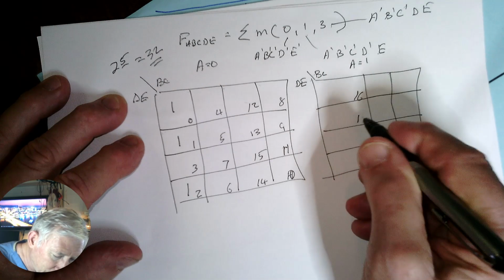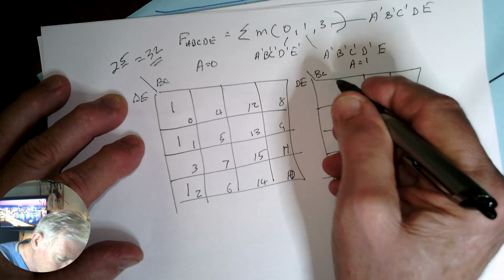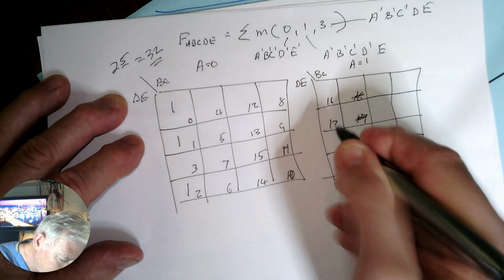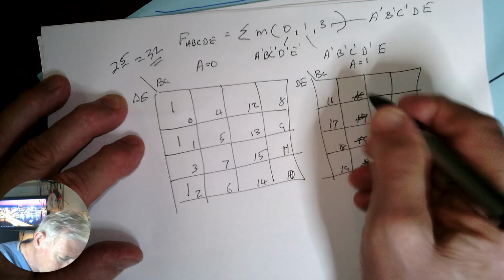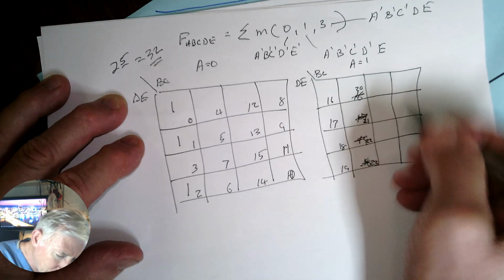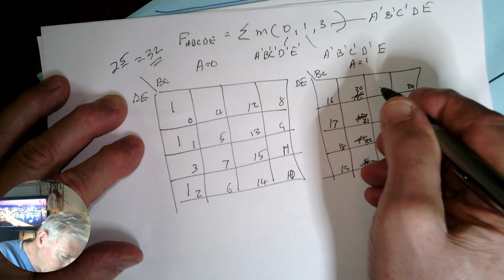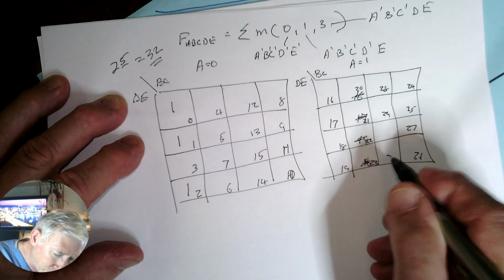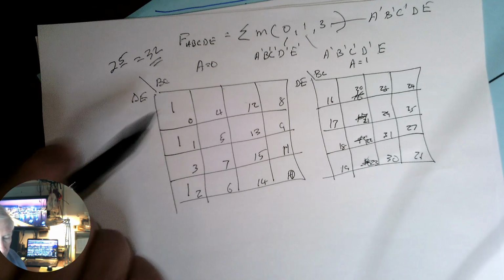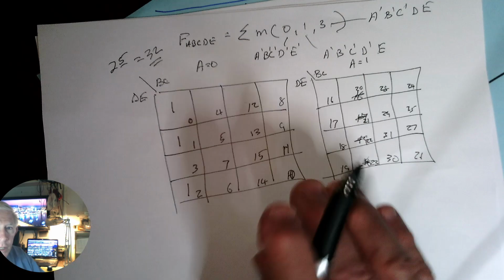We left out a column. So 16, 17, 18, 19, 20, 21, 22, 23, 24, 25, 26, 27, 28, 29, 30, and 31. And because we start with 0, we wind up with 0 to 31 and not 1 to 32. And that's how these things line up.